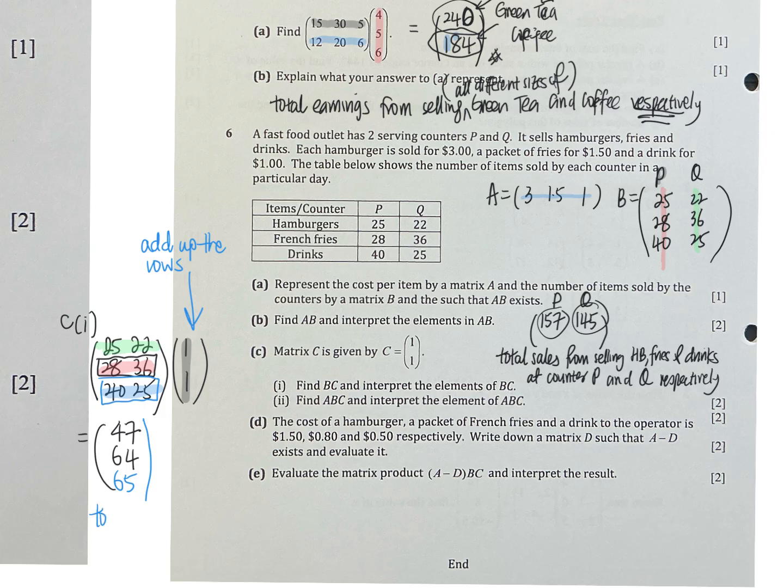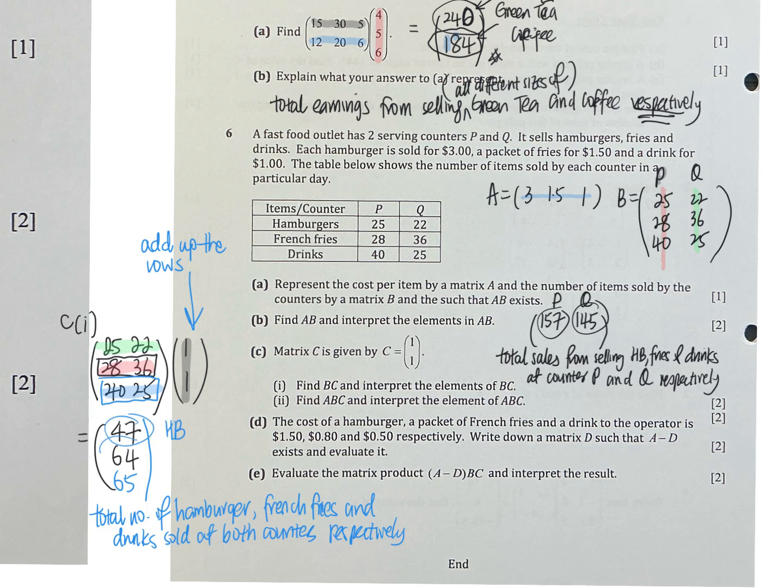It is the total number of hamburger, French fries, and drinks sold at both counters respectively. So this tells me that this is for hamburger, for French fries, for drinks respectively. So the highlight is these three: hamburger, French fries, and drinks. Total of the two counters.